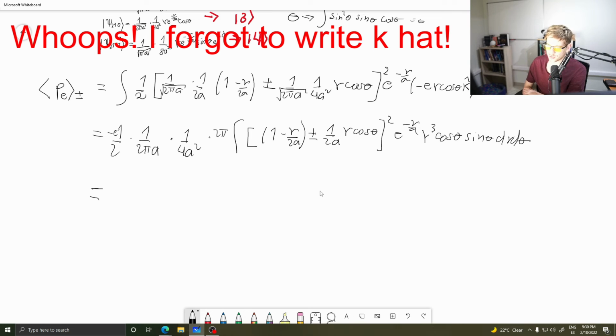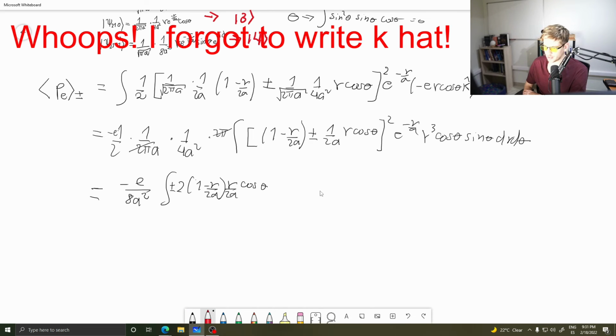Now let's continue here. So this 2 pi will cancel out this here. So we get minus e over 8a squared, and then the integral, and the remaining part will be 2 times this times this. So we get plus or minus 2 times 1 minus r over 2a times r over 2a cosine theta.